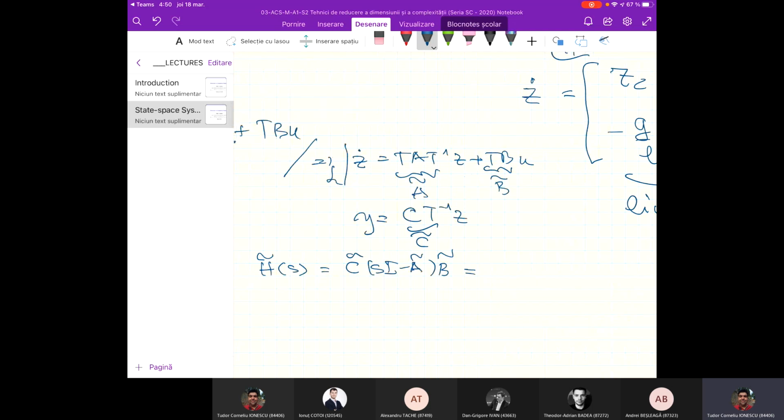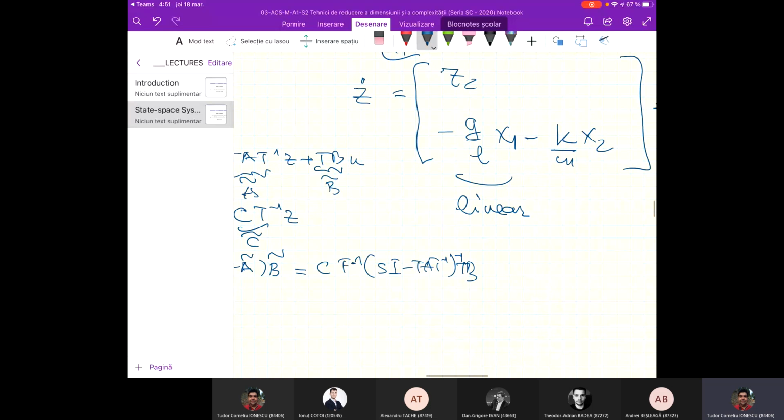So this is C T inverse, (sI minus TAT inverse) all of it inverse, TB. True? Now, the T and T inverse come out of this inverse bracket, being inverted themselves. And the identity is T T inverse, true? So this is actually C (sI minus A) inverse B.